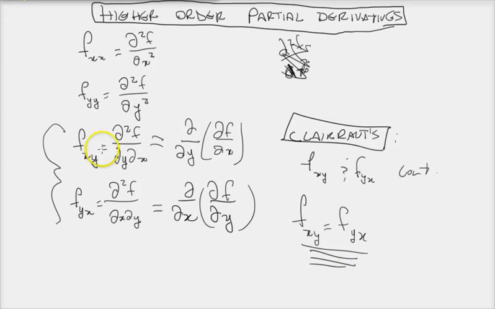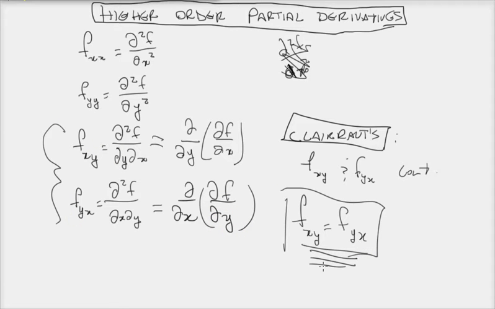So if both of these higher order derivatives are continuous, it doesn't matter in which order you do your partial differentiation. If you differentiate with respect to x or y first, both of these higher order derivatives are going to be equal to one another.